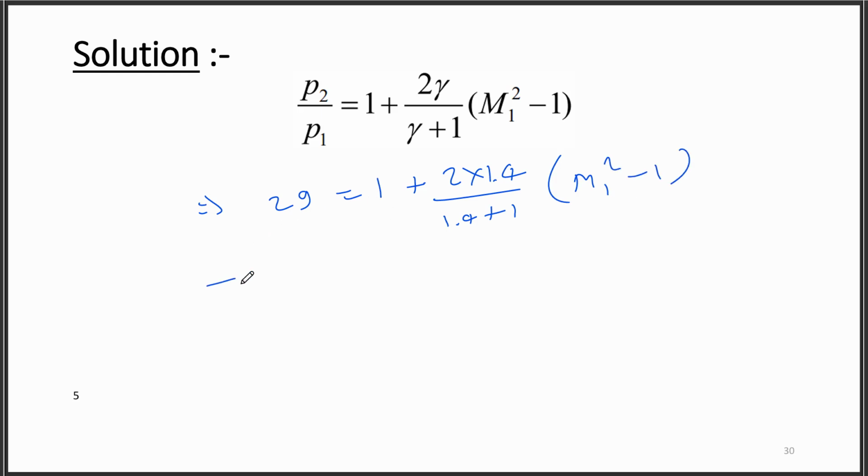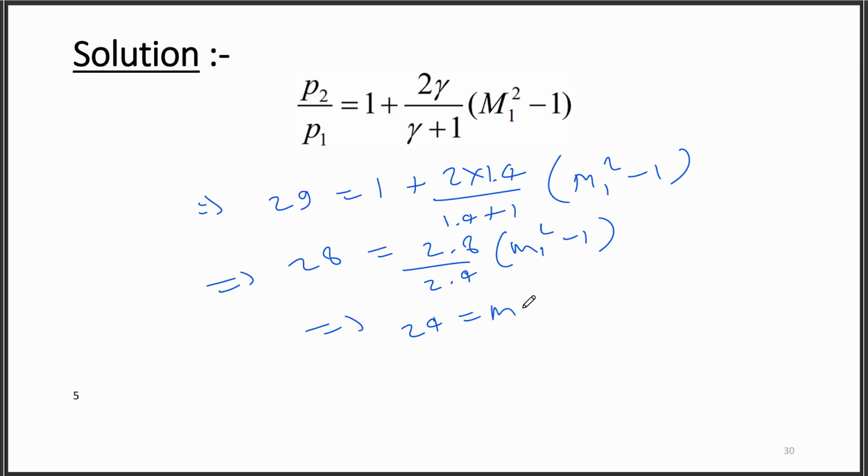So this will become 28 equals 2.8 upon 2.4 times (M1 square minus 1). If we solve it, it will become 24. So M1 square will be 25, so M1 will be 5.